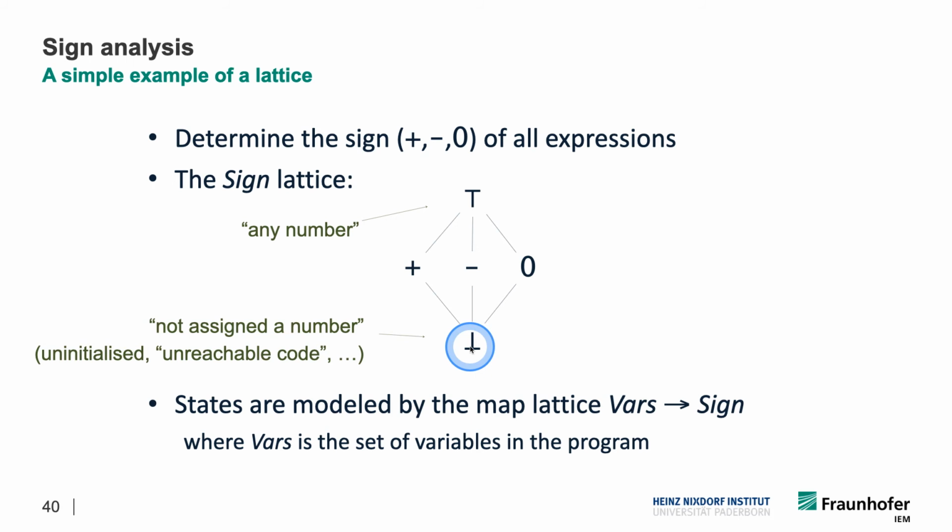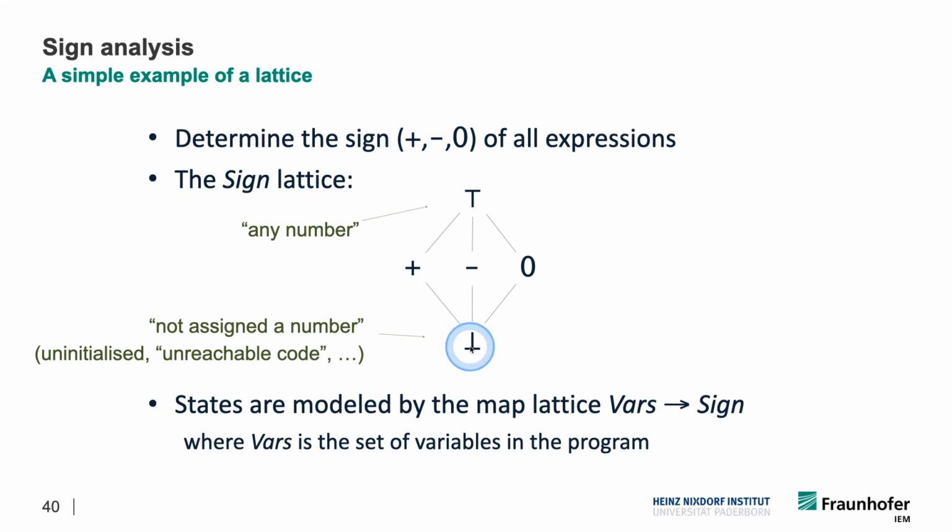And we can also have the bottom value, which means the variable has not yet been assigned a number. So this could be the case if the variable is still uninitialized at the beginning, for instance, or in case you have unreachable code that never assigns the variable a value because the code simply never actually executes, right?